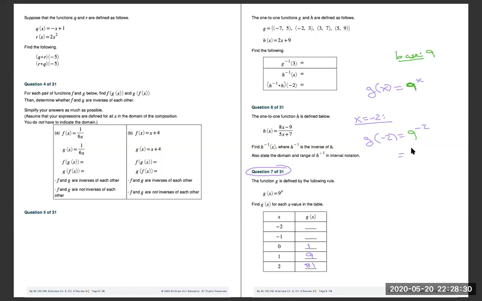Remember, that's going to be the same thing as 1 over 9 to the -2 power, which is the same as 9 over 1 squared.